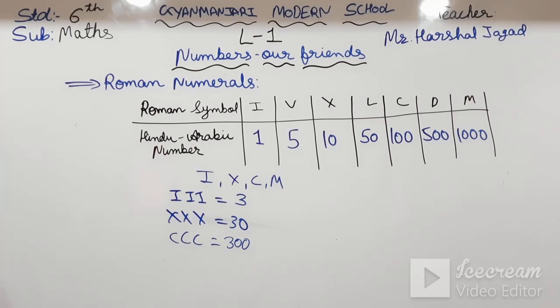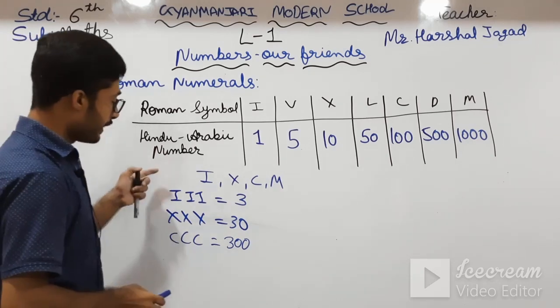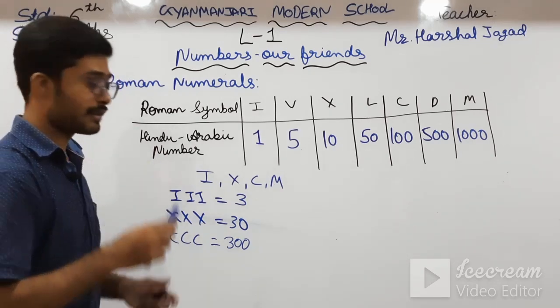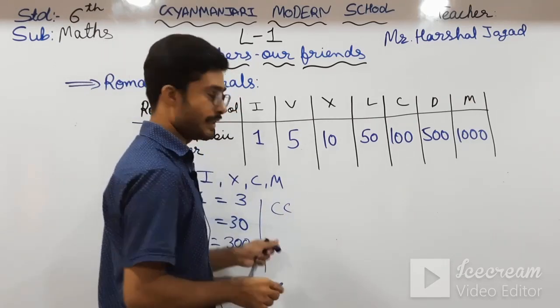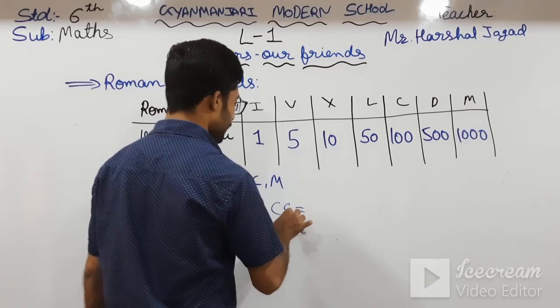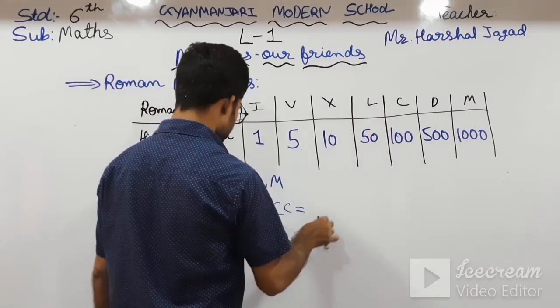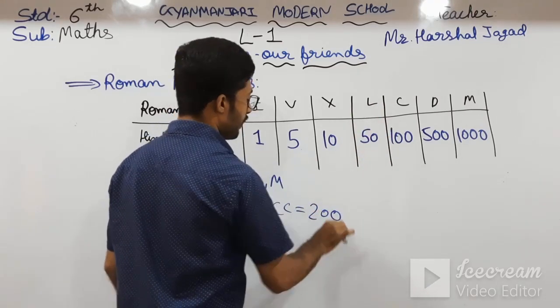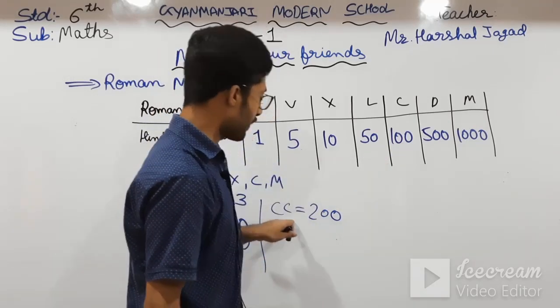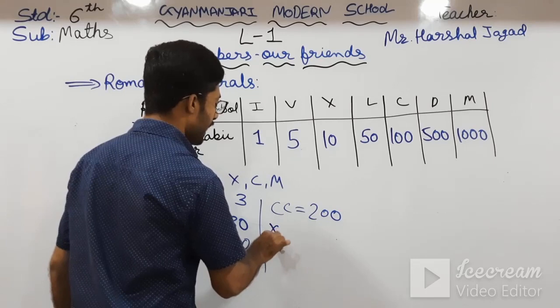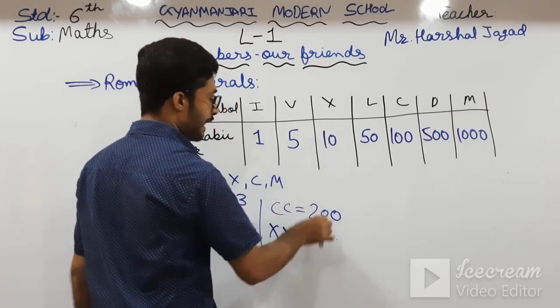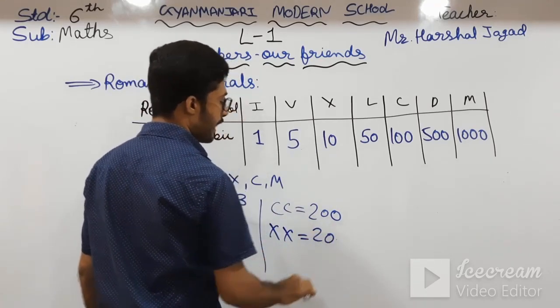If we repeat this up to the maximum of 3 times, we can also repeat it 2 times. If I repeat C, what is the value? That is 200, means 100 plus 100, that is 200. If I repeat X, then 10 plus 10, that is 20.